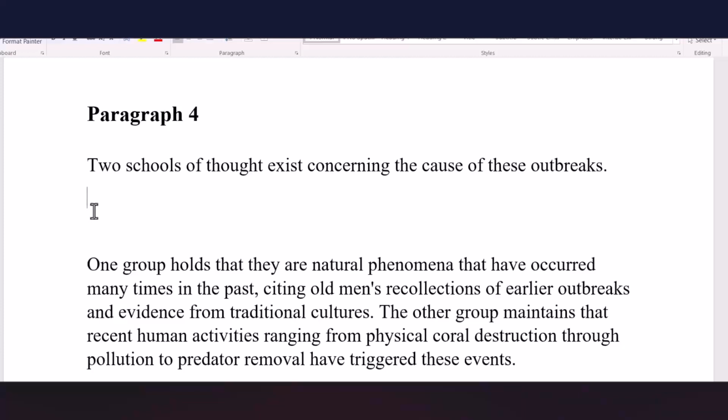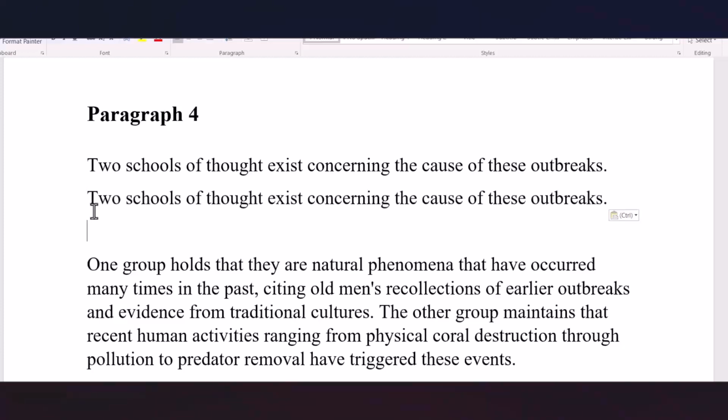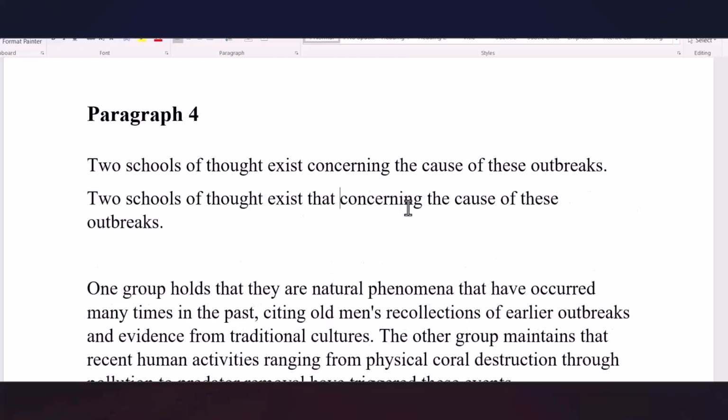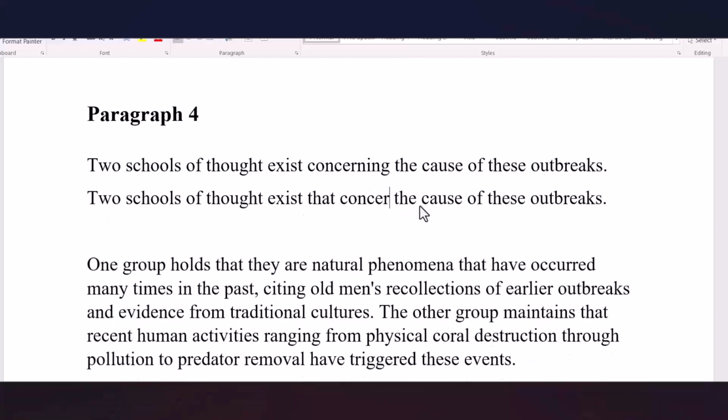Perhaps this was a restrictive relative clause that concerns the cause of these outbreaks.